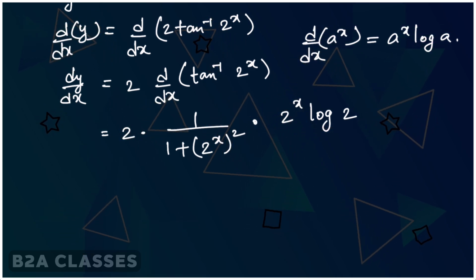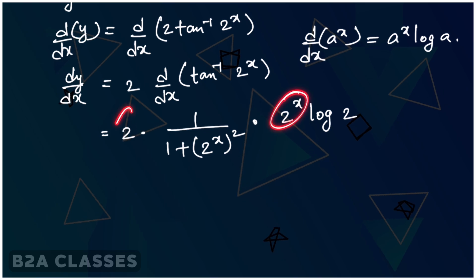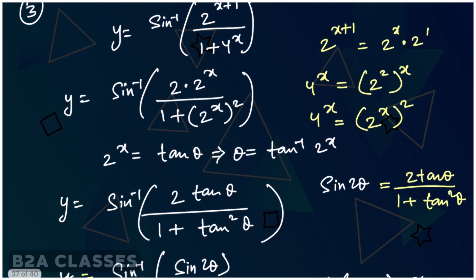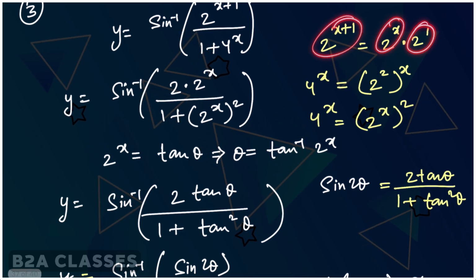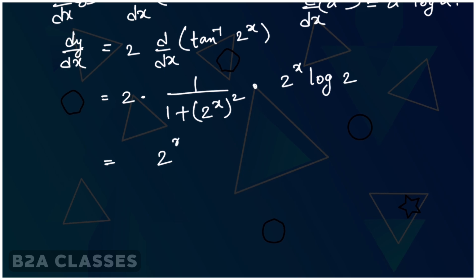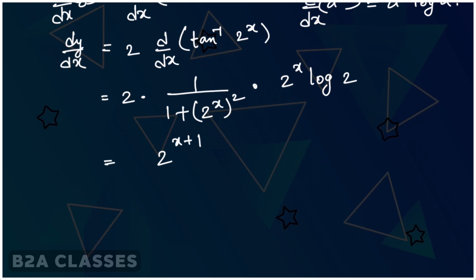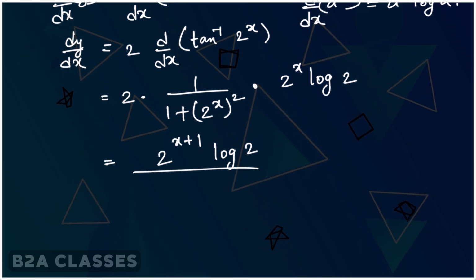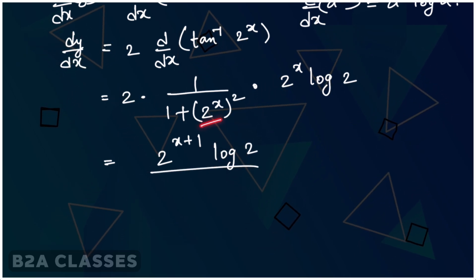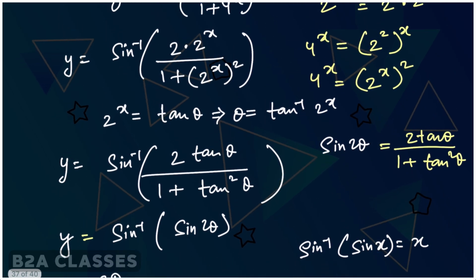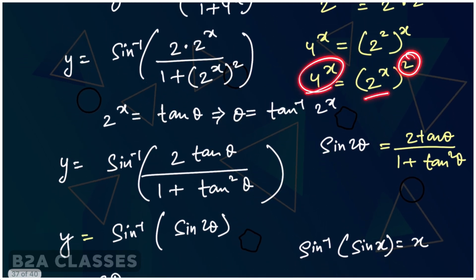Now what I can do is multiply this 2 power x into 2, because 2 power x into 2 is 2 power x plus 1. So we will put 2 power x plus 1 into log 2, divided by, here we have 2 power x power 2, and 2 power x power 2 is basically 4 power x.